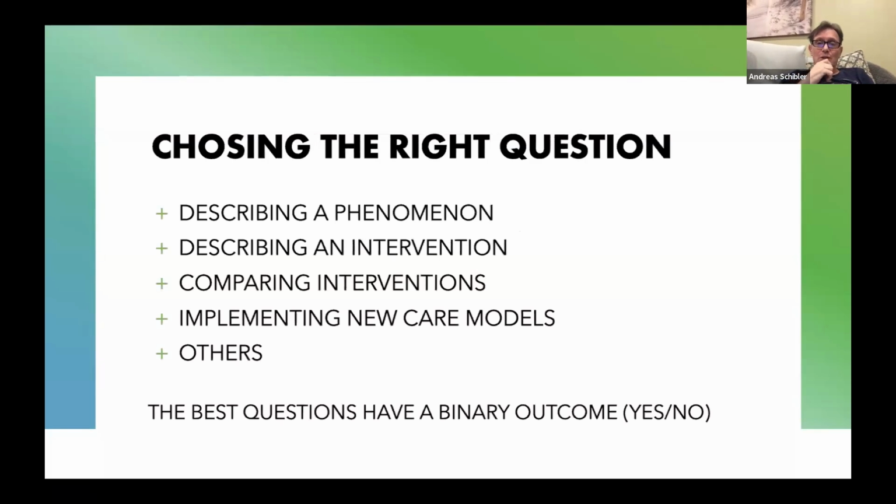Now, choosing the right question. It's very important that when you go into your study, you first ask what you want to achieve. So first of all, you may want to describe a phenomenon, and I'm going to talk about it later, or you want to describe an intervention, drug A, drug B, etc. Or you want to compare drug A versus drug B interventions.